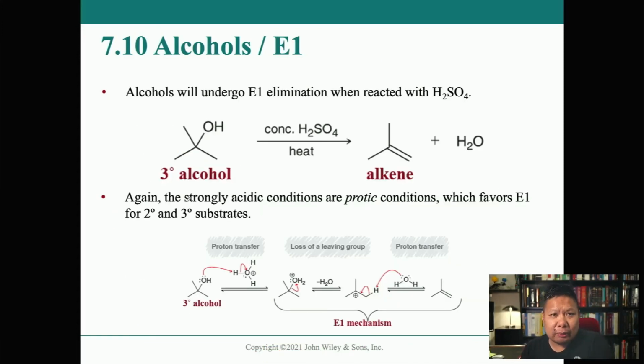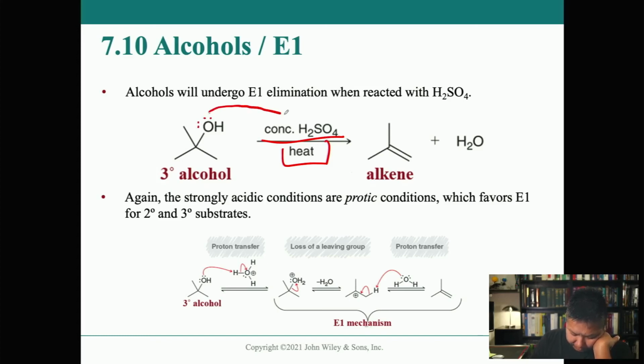Alcohols will undergo E1 elimination when reacted with sulfuric acid, right? So we have concentrated sulfuric acid here, and heat. And what will happen is that the alcohol will get protonated by the acid, okay?